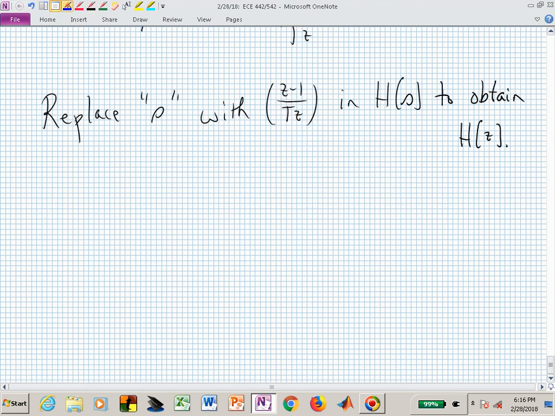And let's go ahead and look at the low-pass filter again with this different approximation strategy.